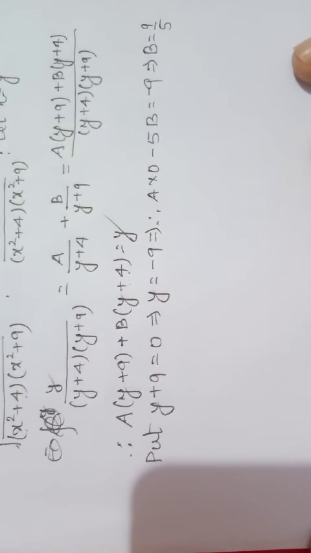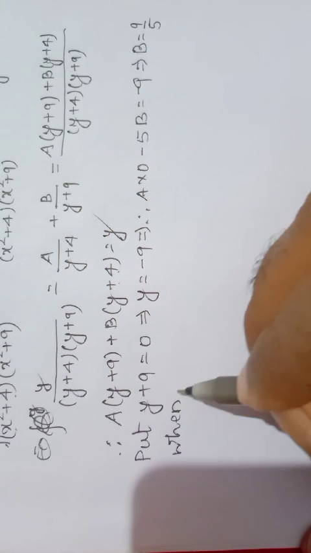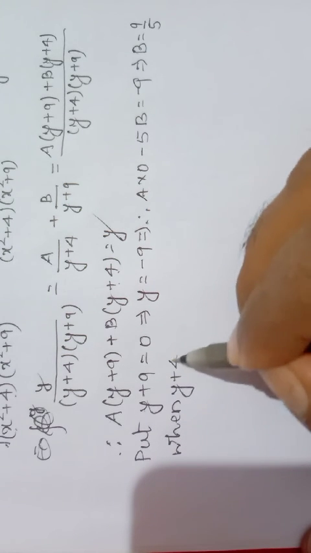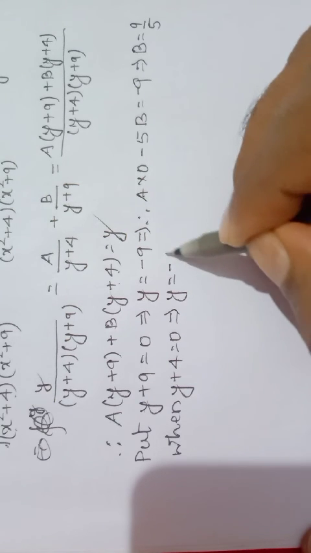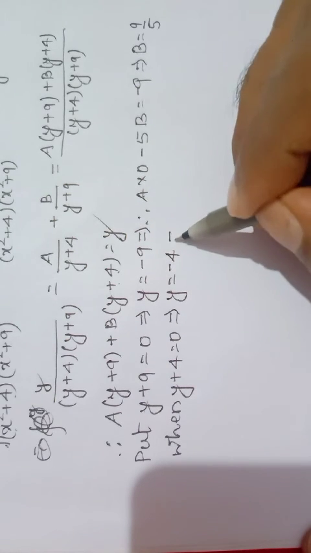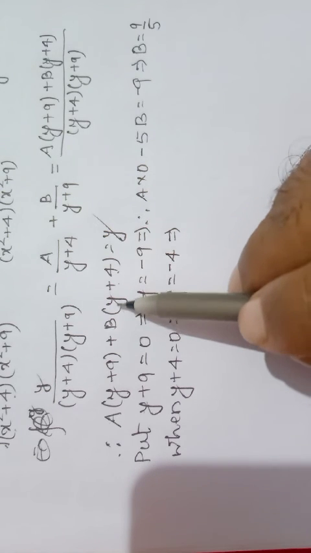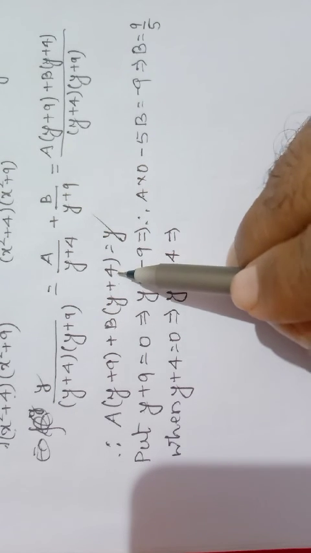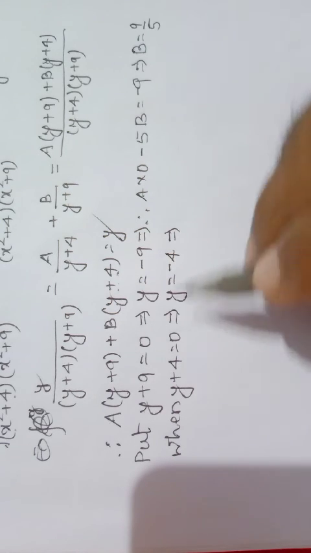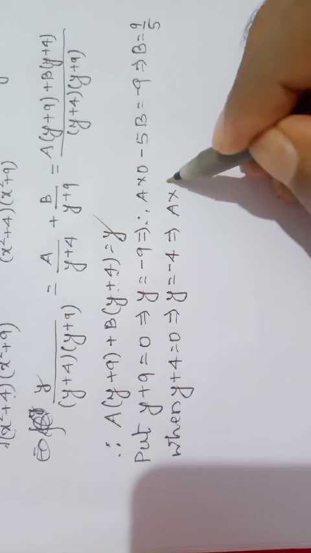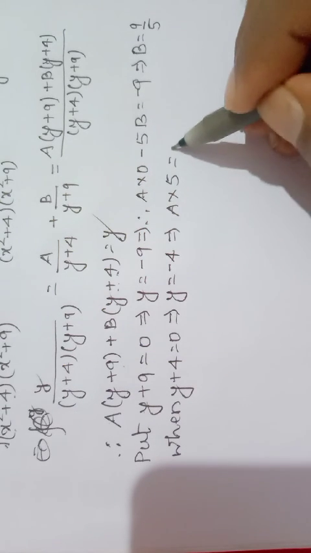Next, when y plus 4 equals 0, means when y equals minus 4, b into minus 4 plus 4 becomes 0. A into minus 4 plus 9, which is 5, equals minus 4.